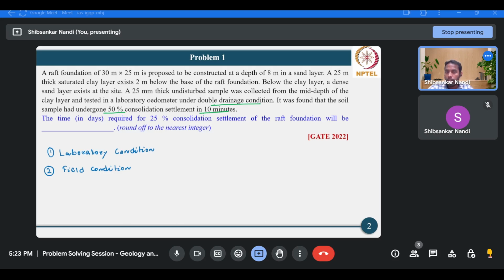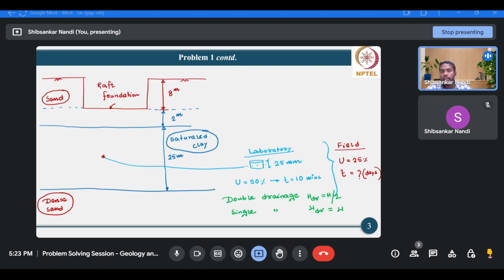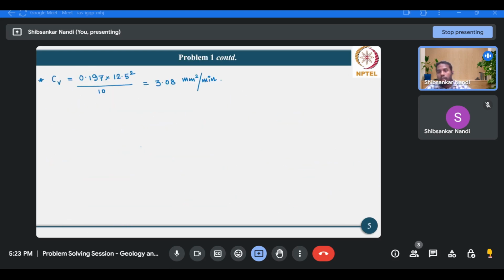So whatever CV we have now obtained from the laboratory experiment, that is nothing but the CV of the saturated clay layer, which is at the field condition. So this CV will remain same. So as long as we are dealing with the same soil, this CV will not change.